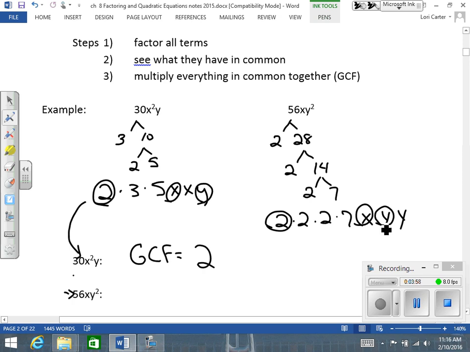Why would you write 6? We're going to pretend that there was a 3 here. If there was a 3 here, I would have circled this 3 and this 3, so I would have had a 2 times a 3. When you have numbers, you're supposed to multiply them for the greatest common factor.